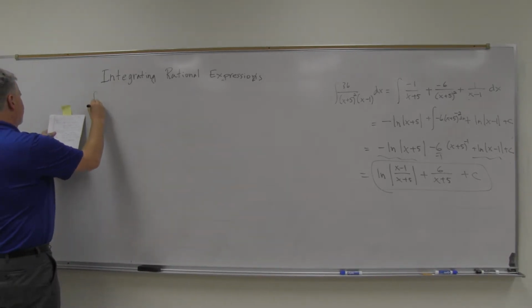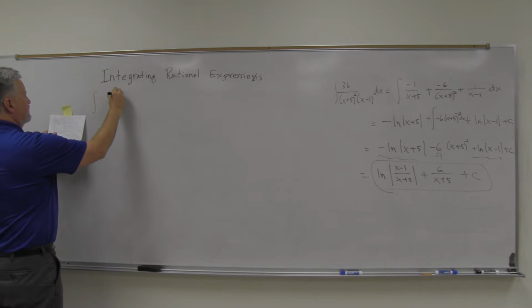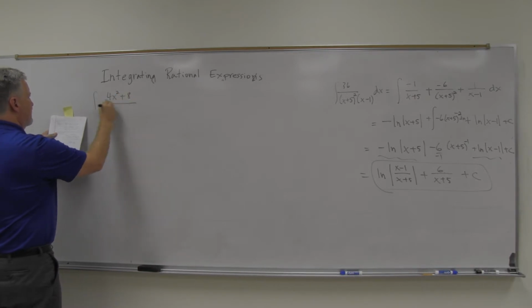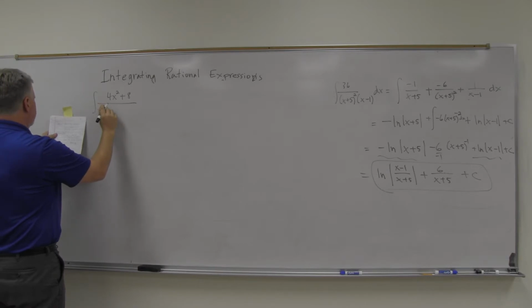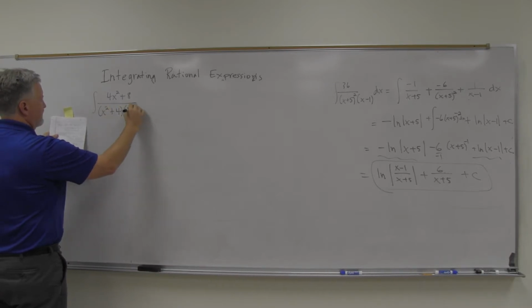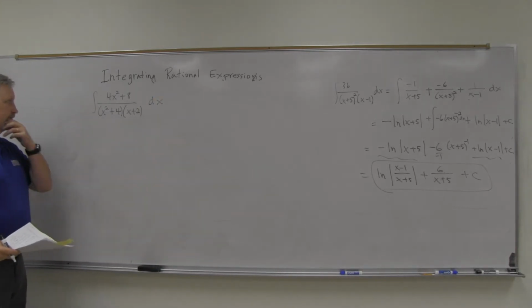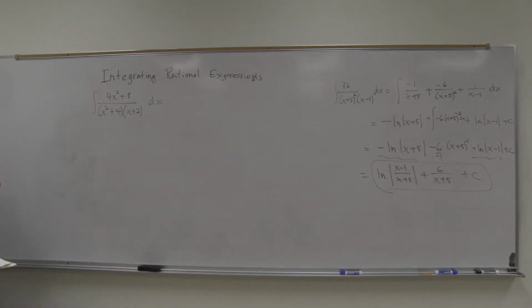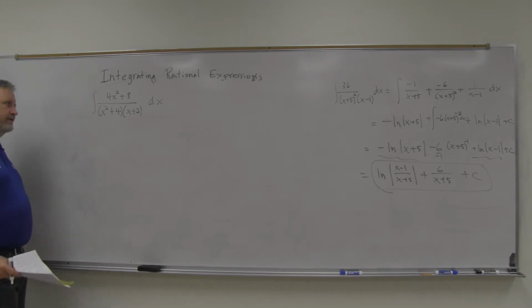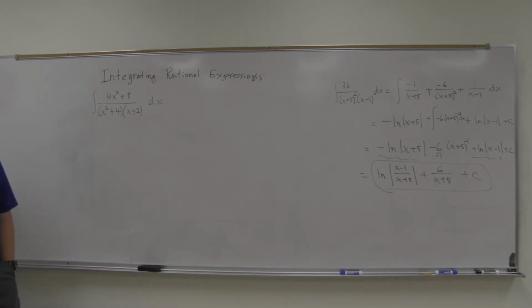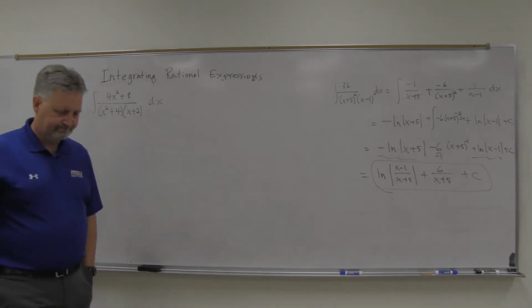Okay, so we got the integral of 4x squared plus 8 divided by x squared plus 4 times x plus 2 dx. 4x squared plus 8, and then the denominator is x squared plus 4 times x plus 2.